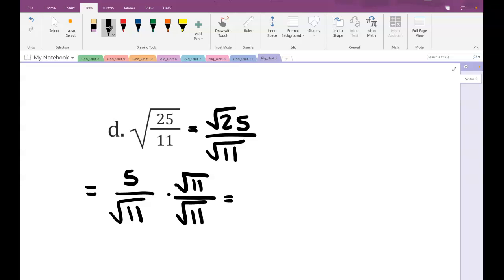When you're multiplying a whole number by a root, think of them like fire and ice. You don't want the two to mix. So our numerator is 5 times square root of 11 over, these two are the same, but with a root, so you can multiply the two together. So this would be the square root of 121.